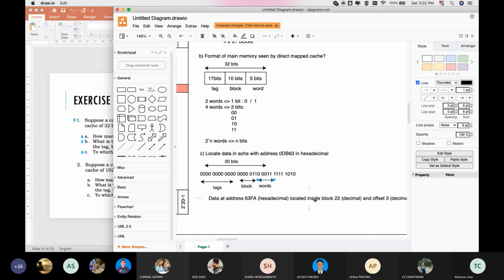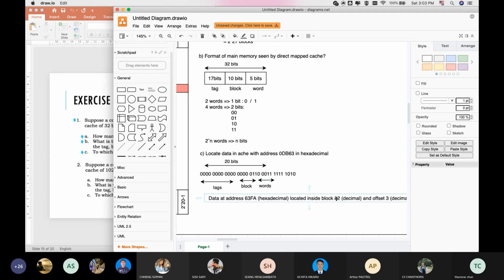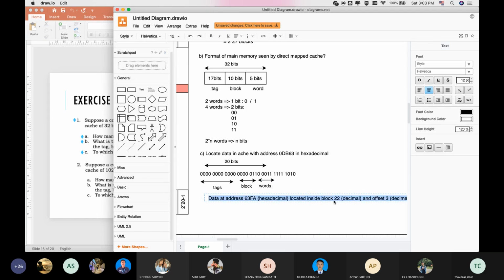Anyone have the answer before I continue the question? Which block here? You should be able to do it right after this. Here, 5 bits.